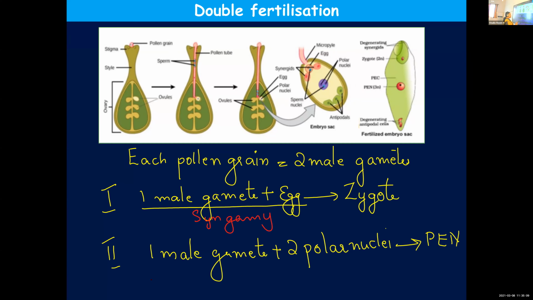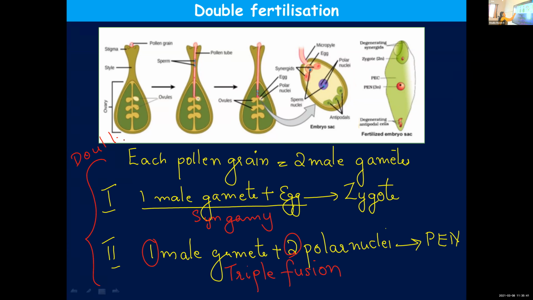But here we are going to name it triple fusion, because three sets of nuclei, or three sets of chromosomes, are fusing over here: one male gamete and two polar nuclei. So we call it triple fusion, which will result in the formation of PEN, primary endosperm nucleus, and the whole process you call double fertilization.